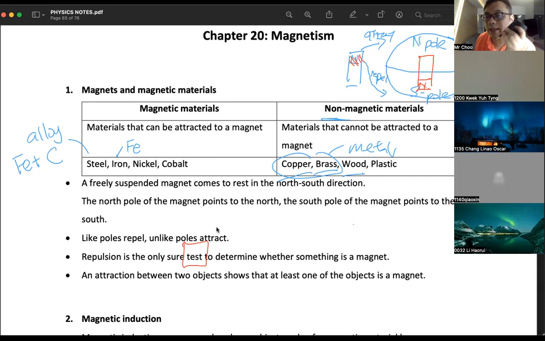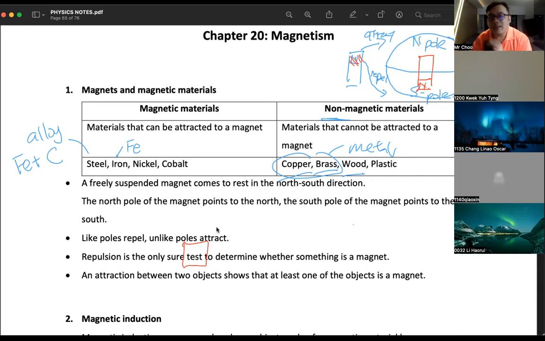Okay, so the only way to test whether this is a magnet is to use another magnet. Okay, we try one side. So one of the sides will have at least a repulsion reaction. If both sides are attractive, it means that this is just a magnetic material. Is that clear? But if there's one side that causes this to repel the real magnet, this means that your material is a magnet.